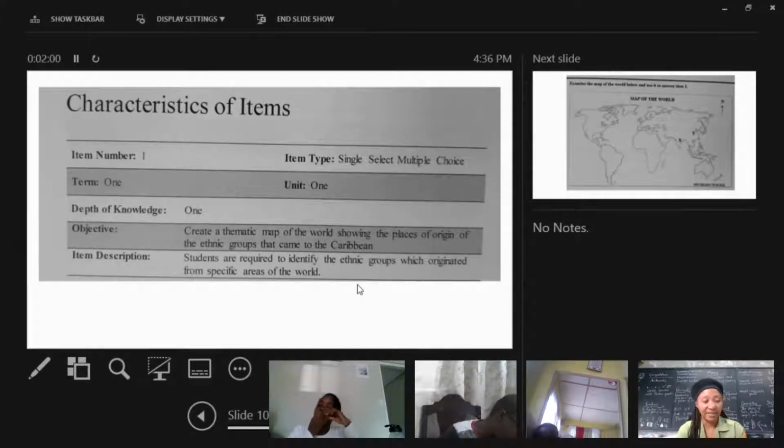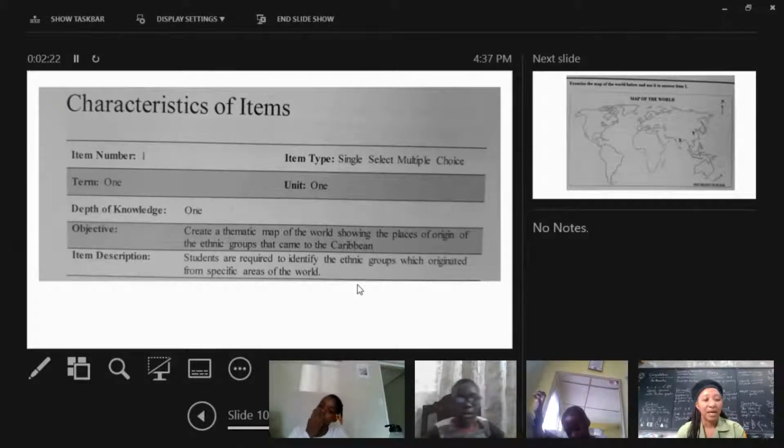Characteristics of the items. So for question number 1, which is a single select multiple choice question, the objective is to create a thematic map of the world showing the places of origin of the ethnic groups that came to the Caribbean.